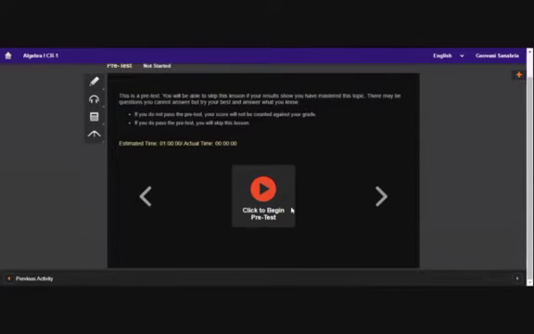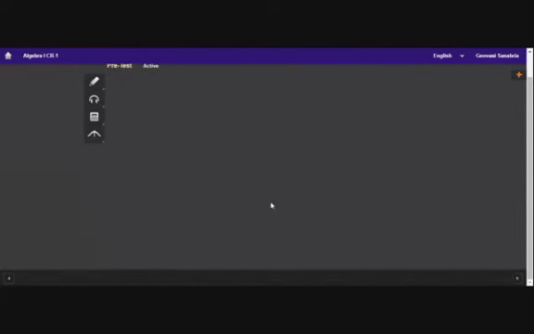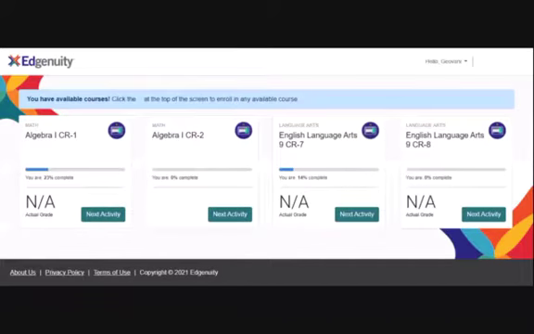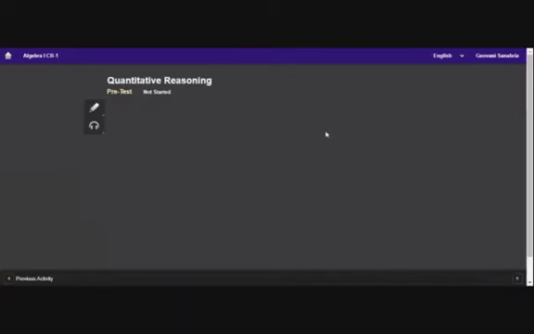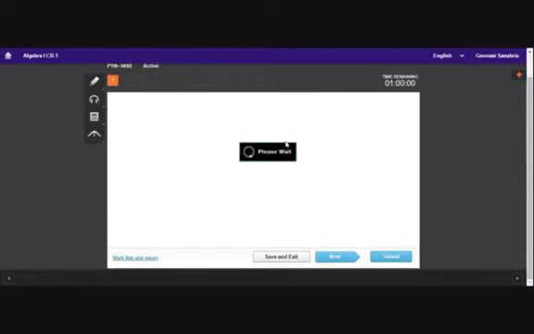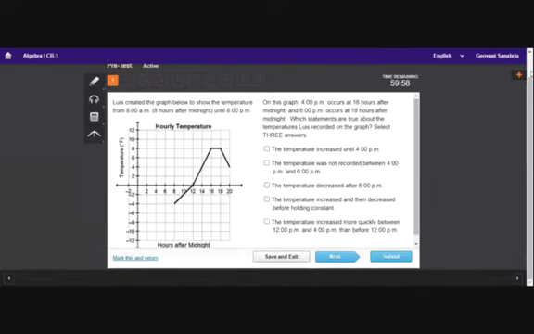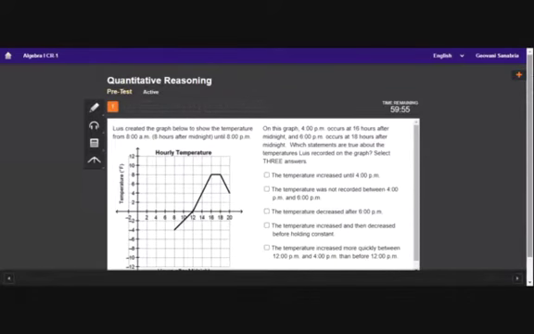I feel like it might be word problems, but... Oh, did it kick you out? Yeah. Seems like it's giving me what is this? Oh, okay. There we go.